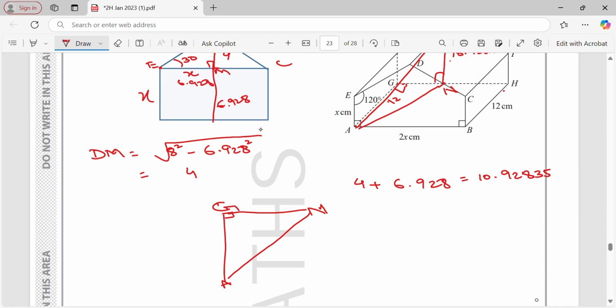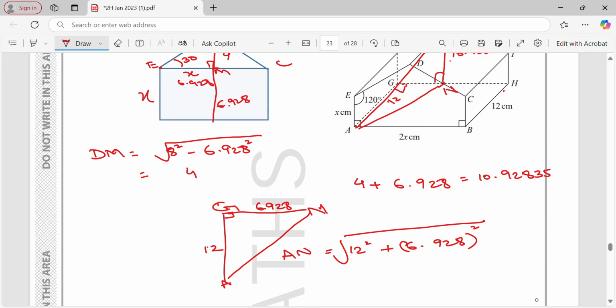So AG is 12 because it's parallel to BH, and GN, we know that is x, and x is 6.928. And I can find AN here. Same, I can use the Pythagoras theorem. So we can do 12 squared plus 6.928 squared and a square root to find AN.